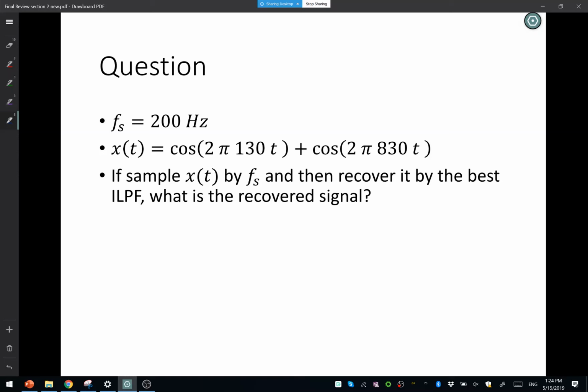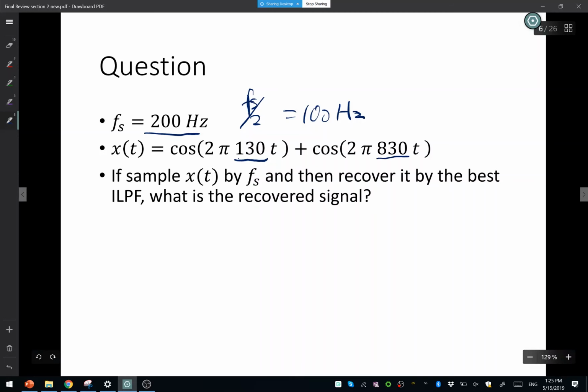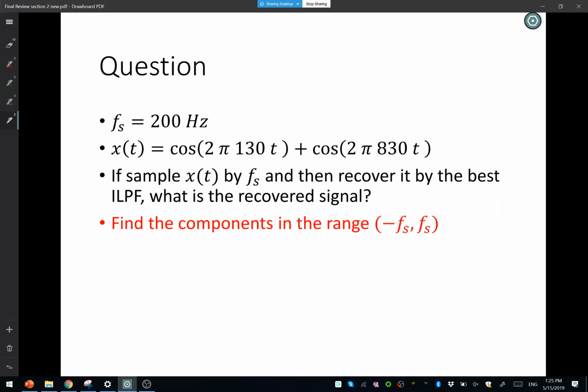So when the sampling frequency is 200 Hz, we know that half fs is 100 Hz. So what will happen if the input signal has one component at 130 Hz and the other component at 830 Hz? We know that they cannot be recovered because they exceed half of the sampling frequency. So what will happen? Basically, we want to find the components inside the center period.